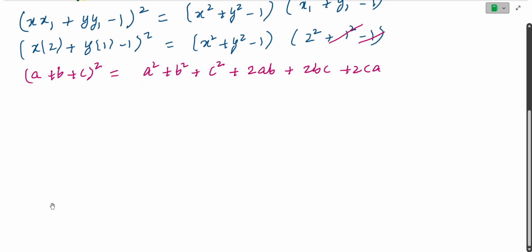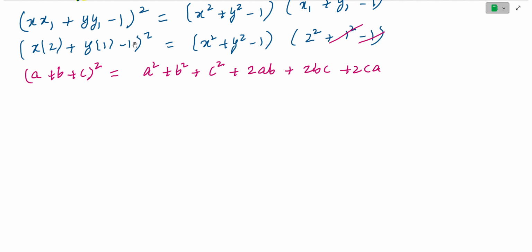So now if you observe, the a value here is 2x, b value here is y, c value is minus 1. Okay. So whenever we have the c involvement, we are going to get that term as a negative term. Why? Because the c value is minus 1.